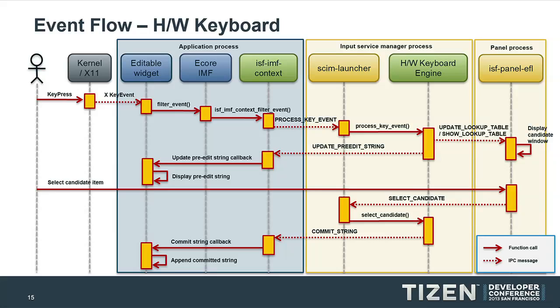Then the application process will receive that event, and it can decide whether to request the input service framework to translate that hardware key event or not. And if the focus is on an editable widget, it is obvious that we have to ask the input service framework to translate that event.